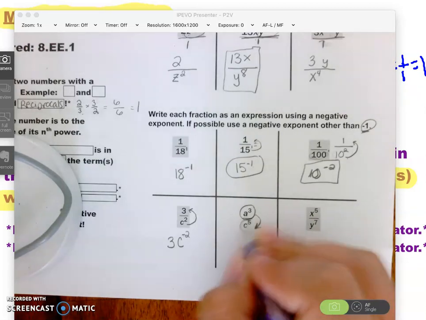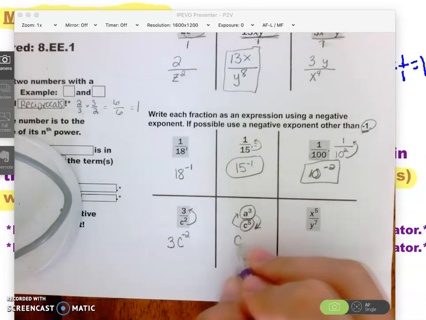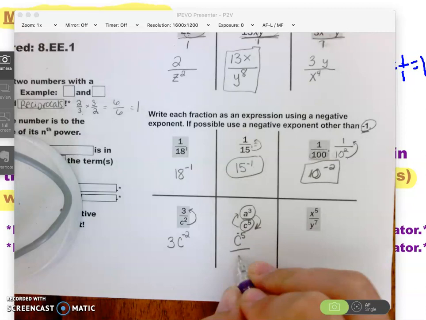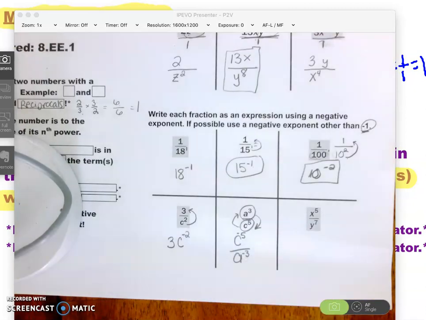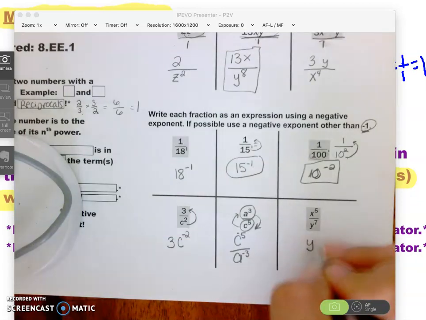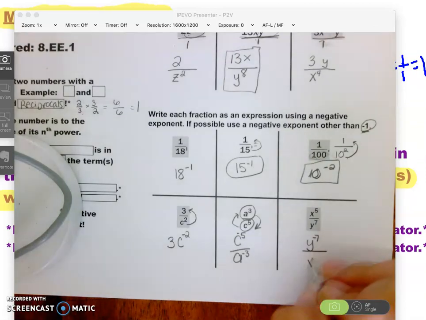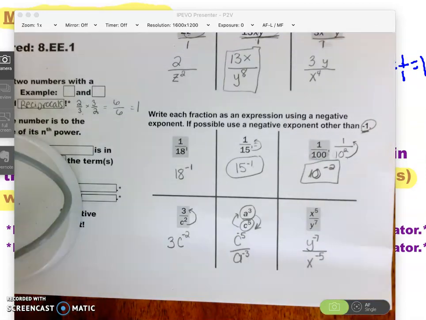Same with this 5c to the fifth. I can bring it above and make it negative. So I can actually just switch those spots, making them both negative. Same with this one. If I bring y to the top of the fraction, it becomes the negative 7, x to the negative fifth.